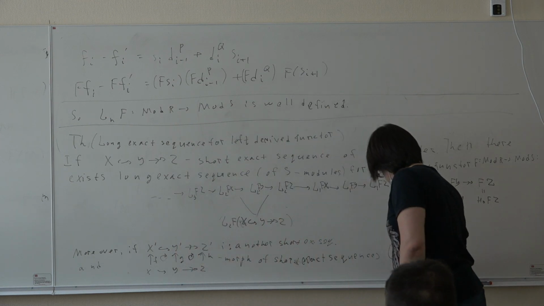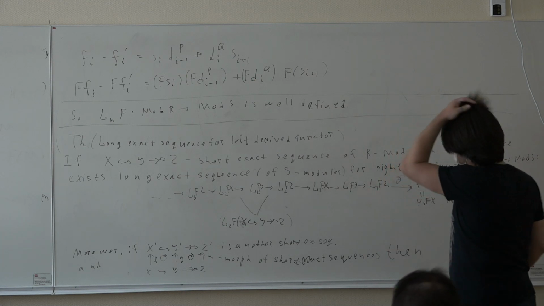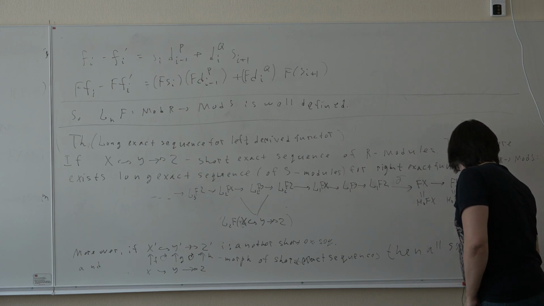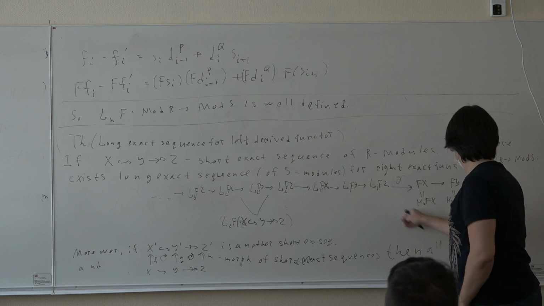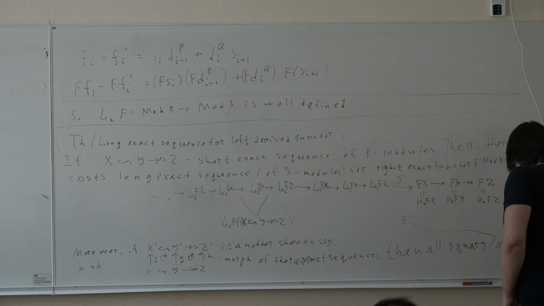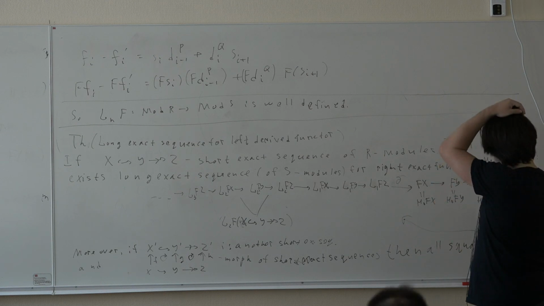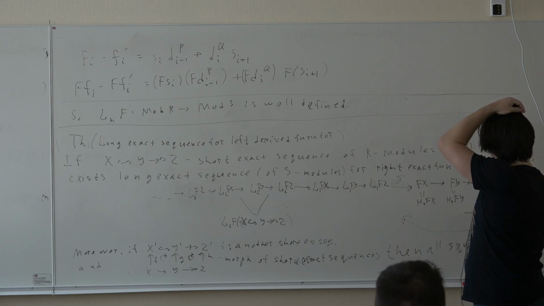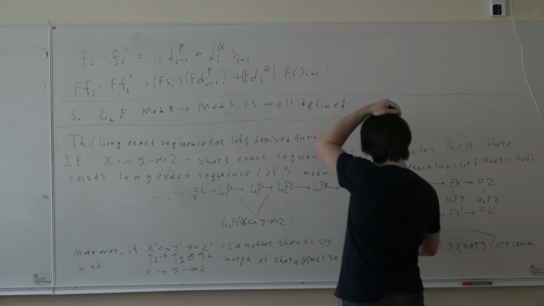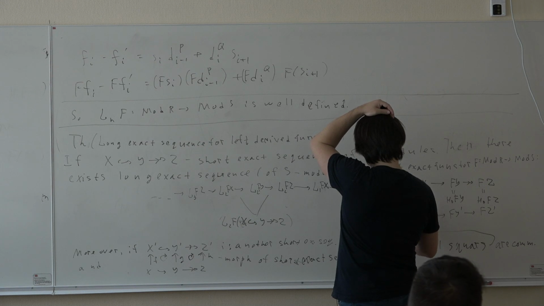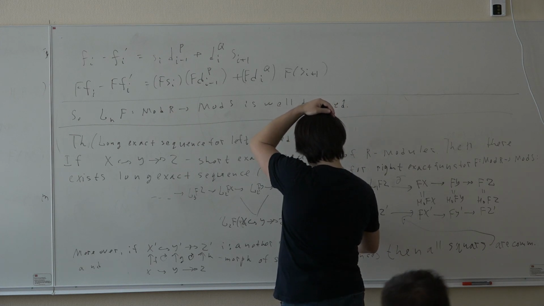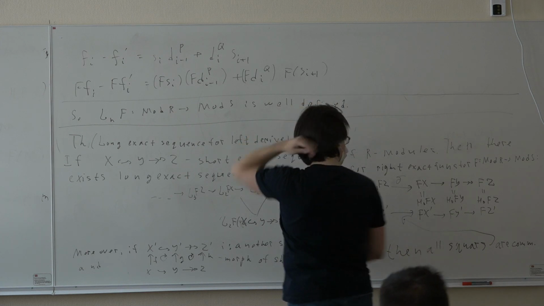Then all squares here I will draw are commutative. Here we simply write f z prime, f y prime, f x prime, here L1 f z prime, L1 f y prime, L1 f x prime, and so on.